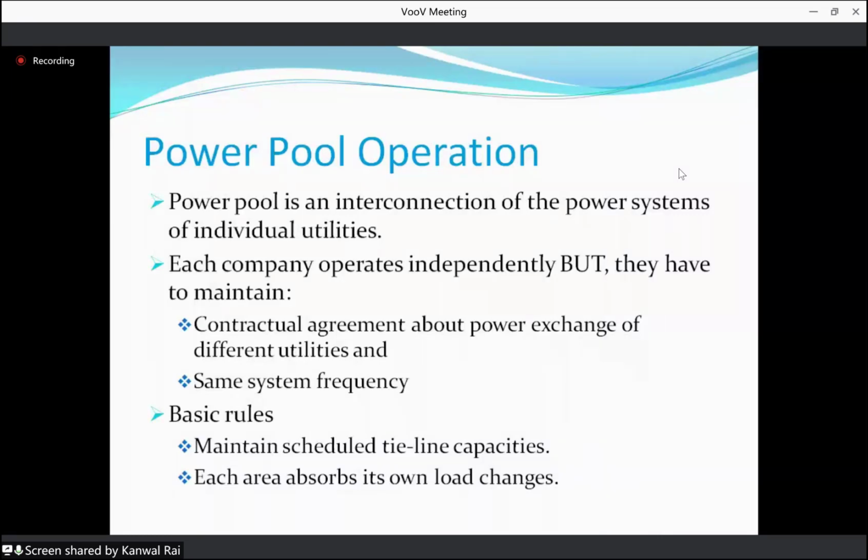The system frequency should be the same. For power pool operation, the basic rules are the following: maintain scheduled tie line capacities, and each area absorbs its own load changes.